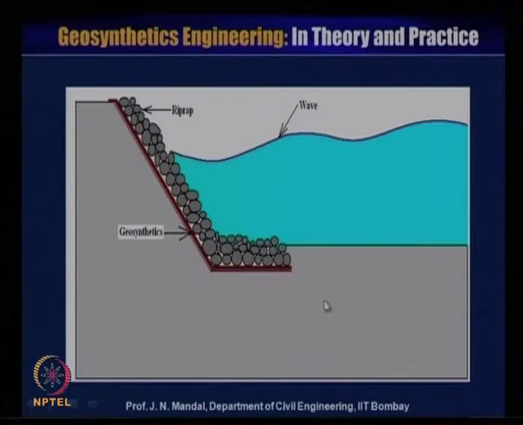So, this is what we talked about, the filter and the drainage for the road, and similarly you can use the geosynthetic material for erosion control. For the erosion control you can see this is the subgrade and this is the geosynthetic material and this is the riprap or stone placed on this and this is the wave.